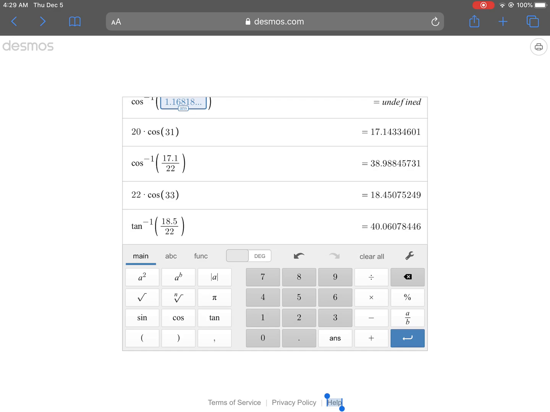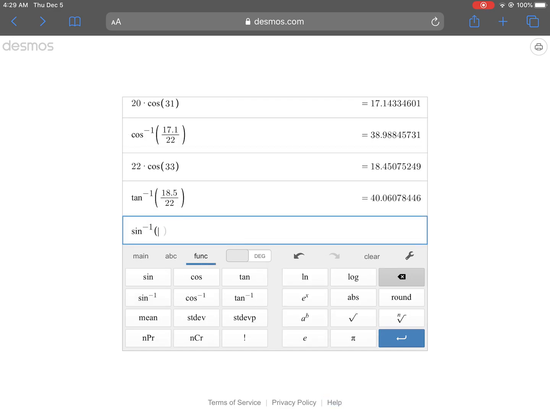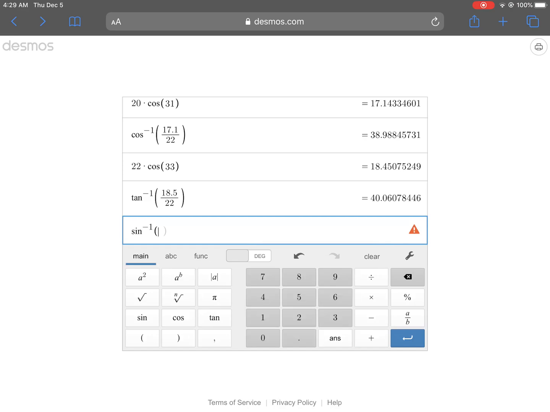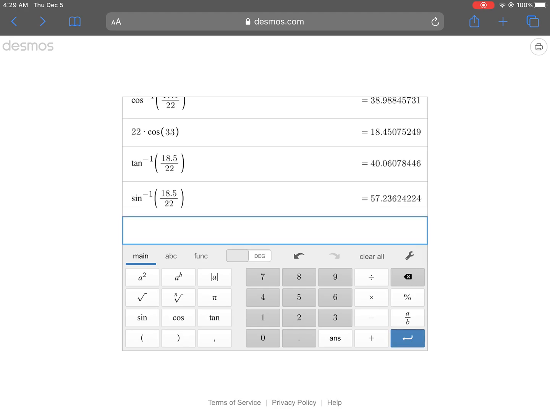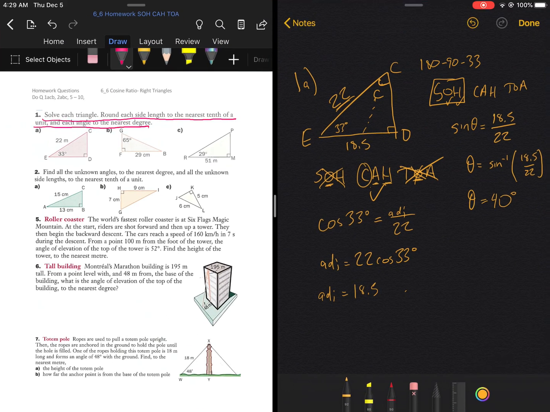Oh, inverse tan. See, I knew I made a mistake. It's inverse sine. Inverse sine, 18.5 divided by 22. There we go, 57.23. 57 degrees. And that's what we expect, right?